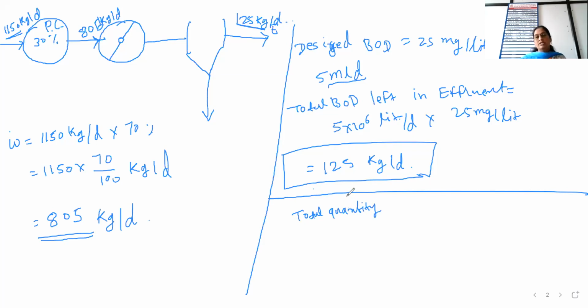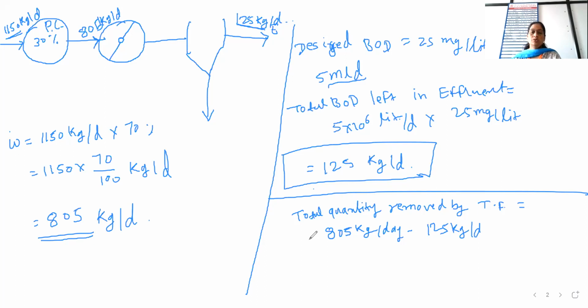This example is on a conceptual basis. The total quantity removed by the trickling filter is equal to applied, which was 805 kg per day, minus remained, 125 kg per day. So it becomes, what is the answer? 680 kg per day, right?